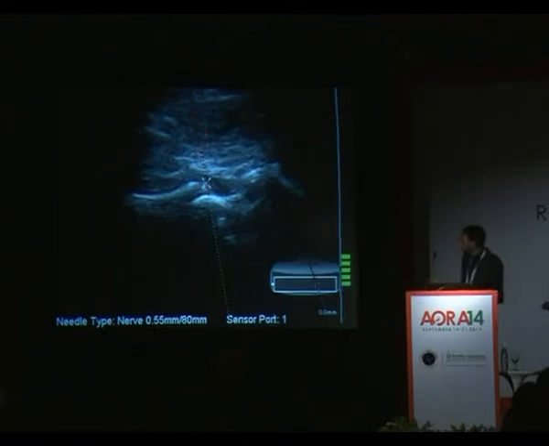And the green line signifies the trajectory that the needle would take if you were to advance it in this direction. X marks where the needle tip would be. The machine also gives you a graphical representation of where your needle is. Are you angled in plane or are you angled out of plane? You can see here that the needle is somewhat off, out of plane in relation to the probe.